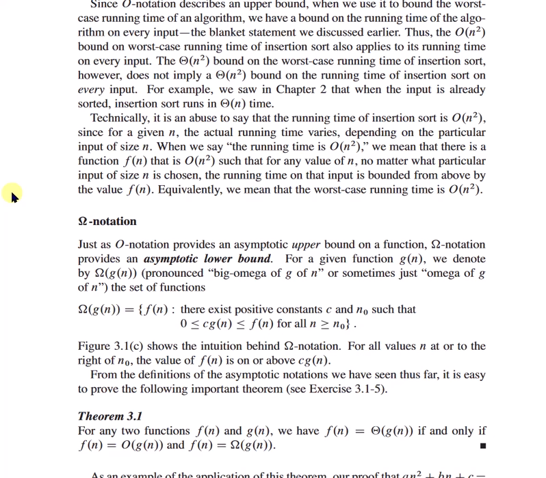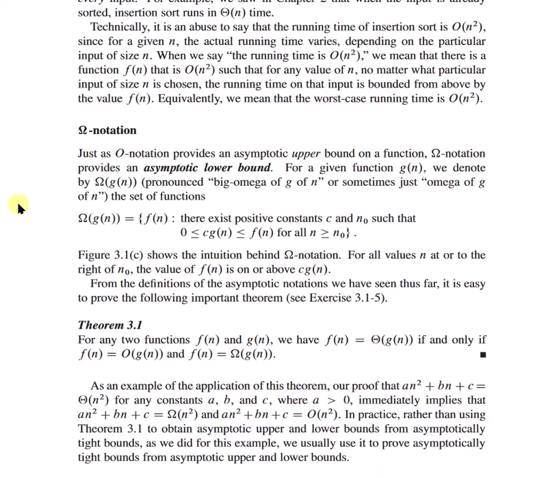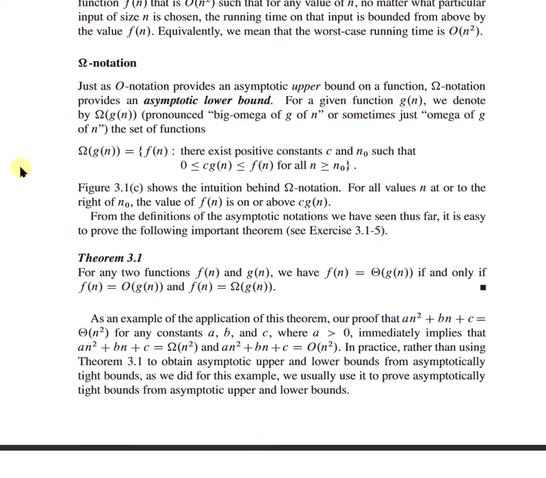When we say the running time is big O of n squared, we mean that there is a function f(n) that is big O of n squared such that for any value of n, no matter what particular input of size n is chosen, the running time on that input is bounded from above by the value of f(n). Equivalently, we mean that the worst case running time is big O of n squared.